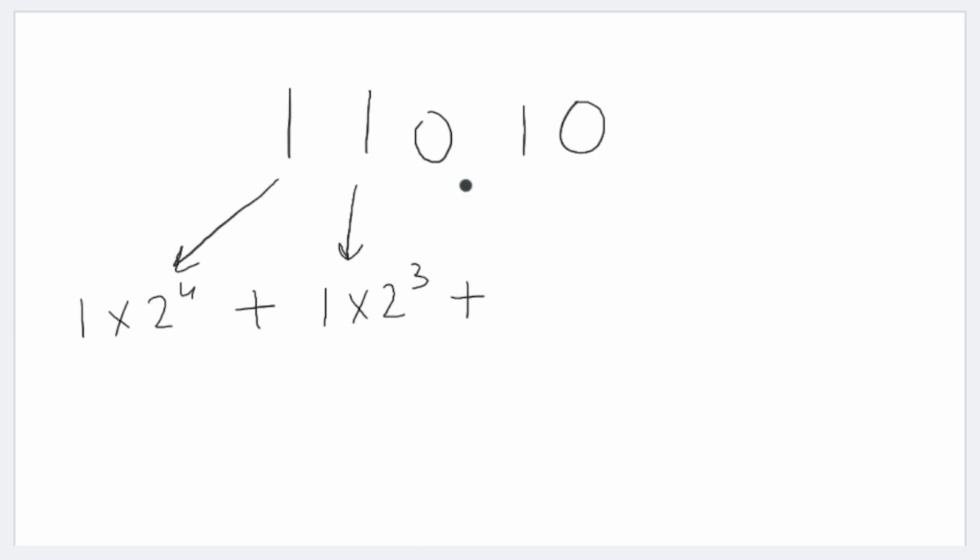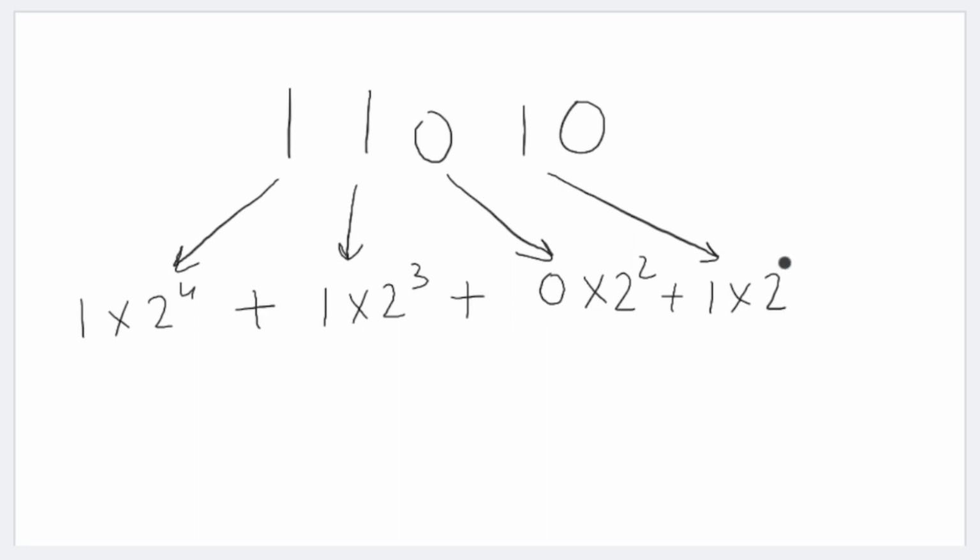The procedure will remain more or less the same if we want to convert from binary to decimal. However, instead of multiplying by powers of 16 like in the case of hexadecimal, here we'll multiply by powers of 2. So this will be 1 into 2 to the power 4 plus 1 into 2 to the power 3 plus 0 into 2 to the power 2 plus 1 into 2 to the power 1 plus 0 into 2 to the power 0.